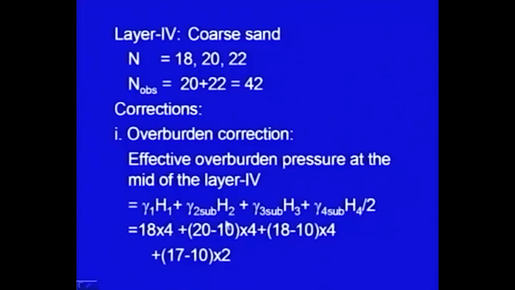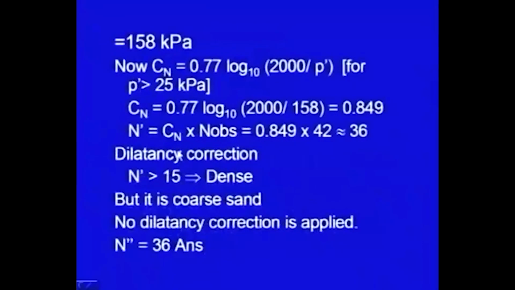Gamma submerged is calculated by taking the unit weight of water as 10 kilonewton per meter cube, and when you put these values, you will get the effective overburden pressure as 158 kPa. Again, the equation for the overburden correction is Cn equal to 0.77 log10(2000/P'). Here P' is 158, which is more than 25. So we are using this equation.